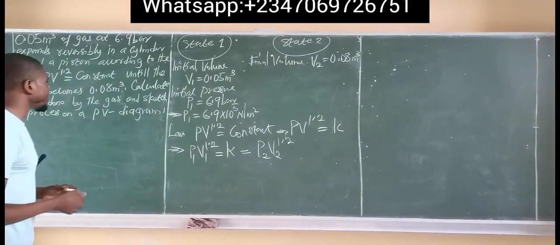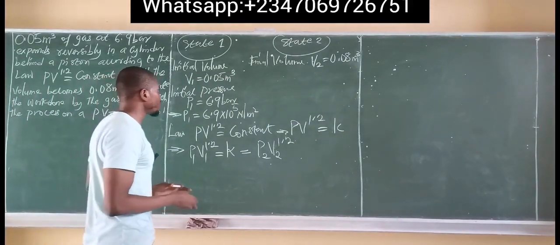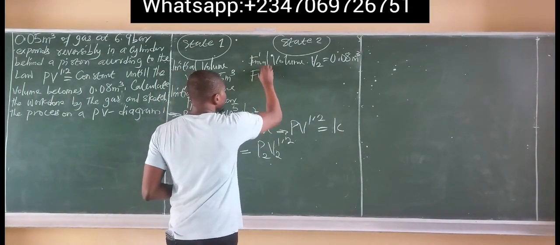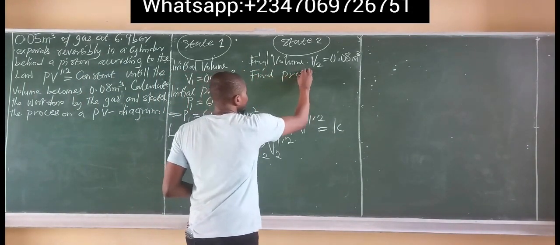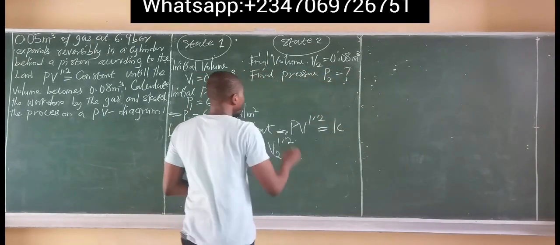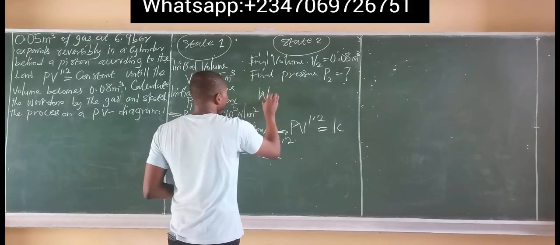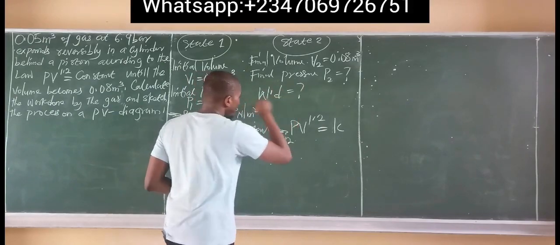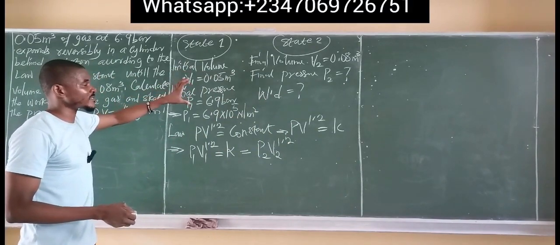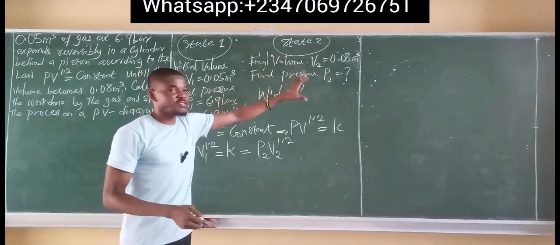Calculate the work done by the gas and sketch the process on a PV diagram. So notice that final pressure was not given, P2 is actually unknown, and we are asked to find the work done, also unknown. All right, so these are the conditions of the system at state 1. These are the conditions of the system at state 2.